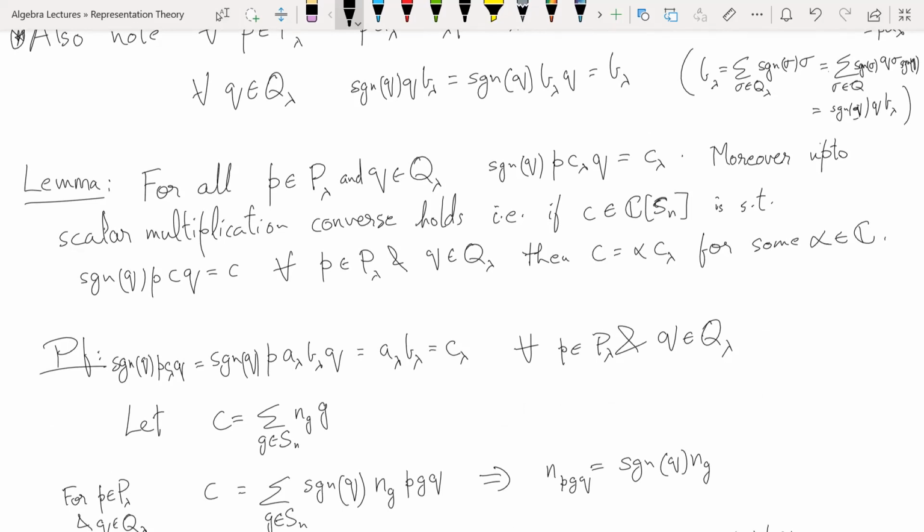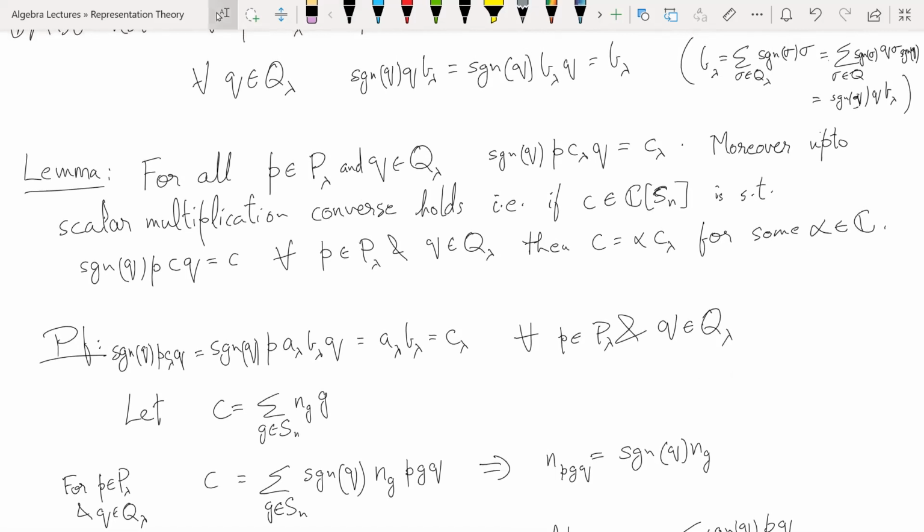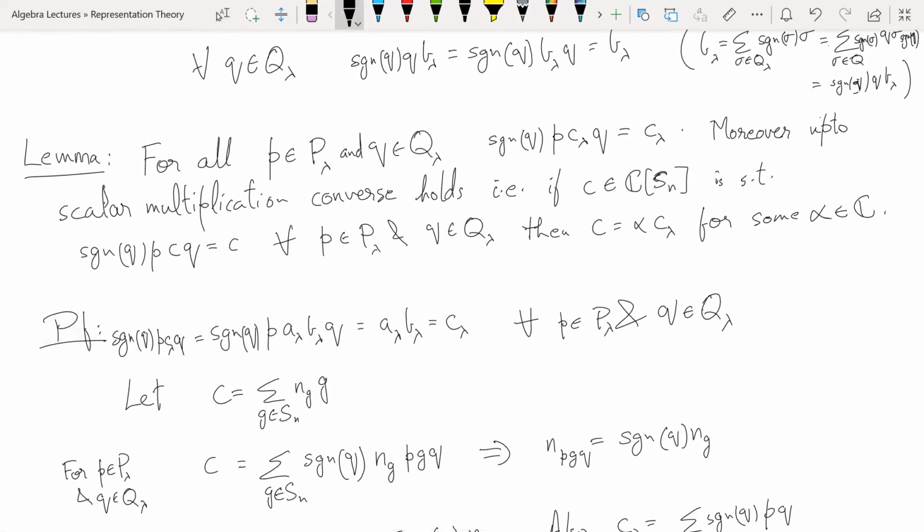Then what we want to show is that C is alpha times C lambda for some alpha, a complex number. So this condition tells us that C is the same as multiplying it by P in P lambda and Q in Q lambda, and then sign of Q. So I get C. I'm just using this identity.